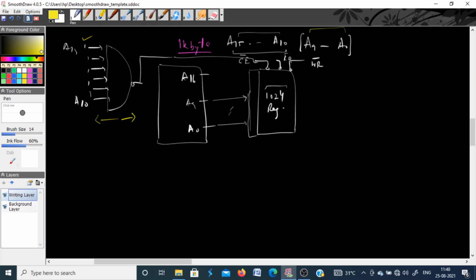Okay, so what we do in that case, let us suppose I take a very practical case. Suppose you have a memory, this is EEPROM, erasable programmable read-only memory, and it is 4 kilobyte memory, 4 kilobyte.